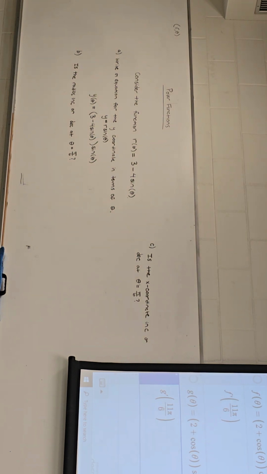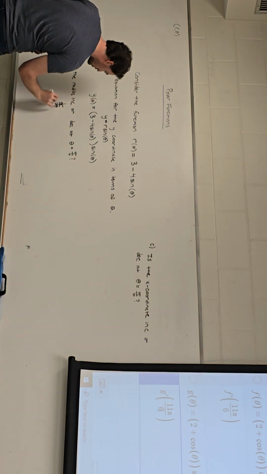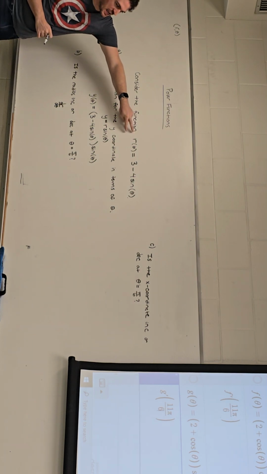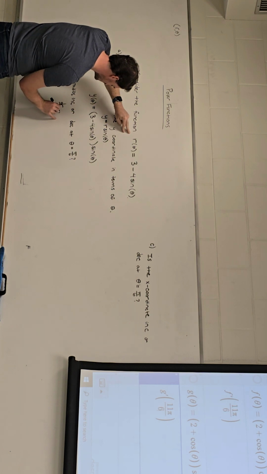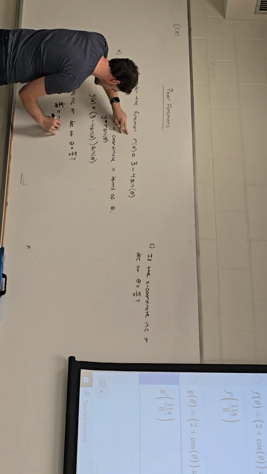Questions on it? Part B says, is the radius increasing or decreasing at pi over 6? Now we need to be careful here. There are different things we could ask if it's increasing or decreasing: the x-coordinate, the y-coordinate, and the radius, the r value. Is the radius increasing or decreasing? That is dr d theta. How is the radius changing in terms of theta? I can just take the derivative of my equation up here. The derivative of sine is cosine, so I get negative 4 cosine theta.